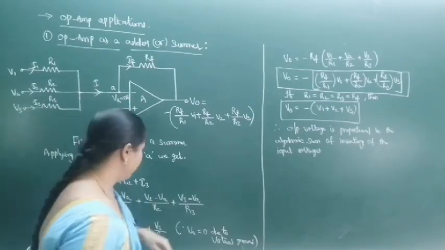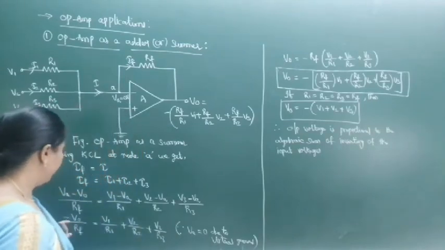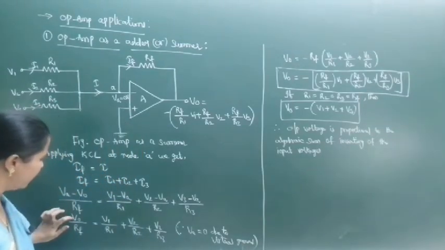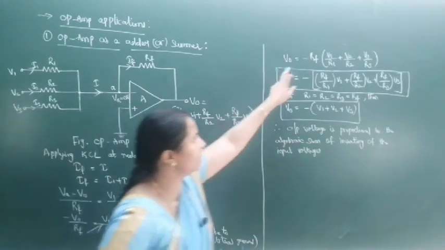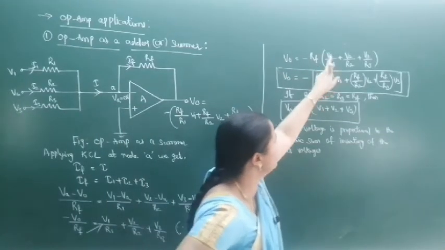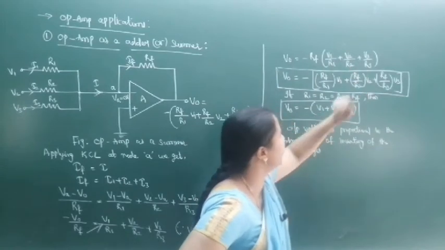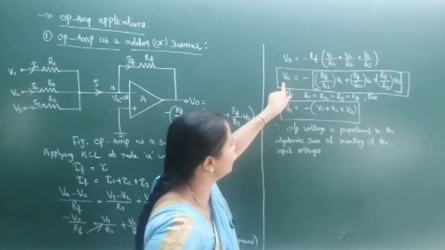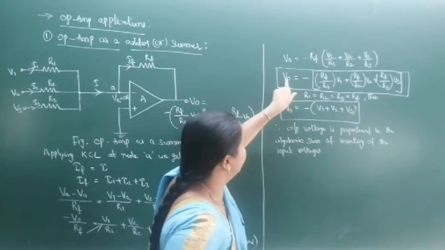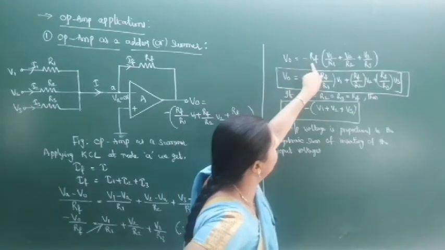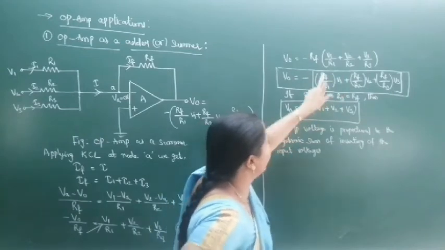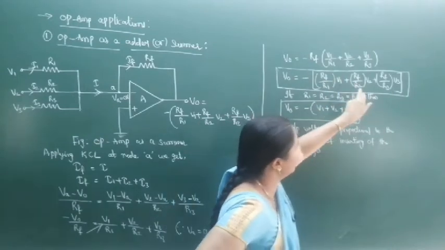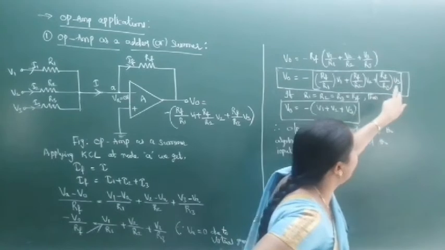If you write down the equation for V0, with the feedback resistor, V0 equal to minus RF times V1 by R1 plus V2 by R2 plus V3 by R3. Written inside, V0 equal to minus of RF by R1 into V1, plus RF by R2 into V2, plus RF by R3 into V3.